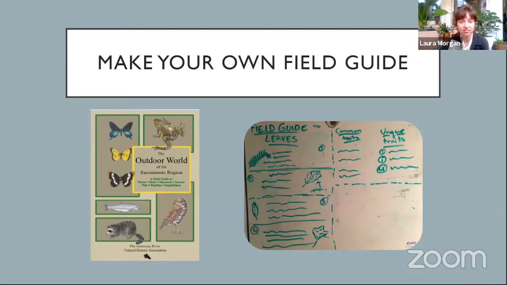You know what I think would be really cool, Julian, is if you did all those different nature things, and instead of having the outdoor world of the Sacramento region, like the book that Miss Morgan has, it would be the outdoor world of Julian's backyard. Yeah. I love it.